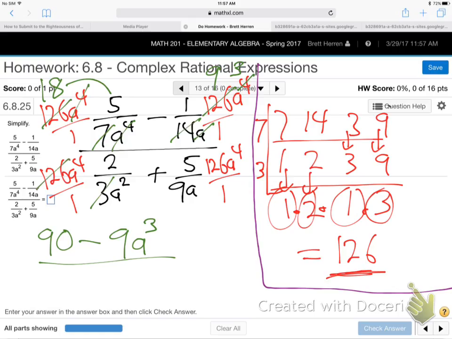Is that 42 times? 2 times 42, 84. A squared. Everybody see the a squared there? So 9 into 126. 14 times 5 is 70. 70. A to the third. Everybody good with that?